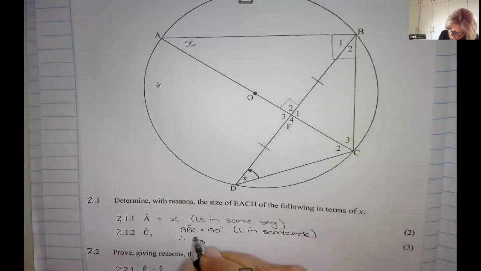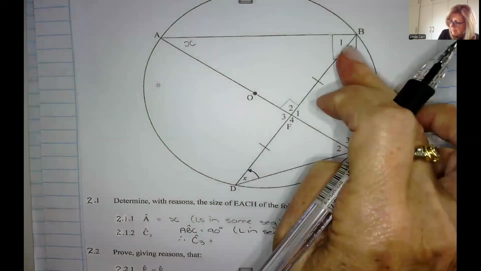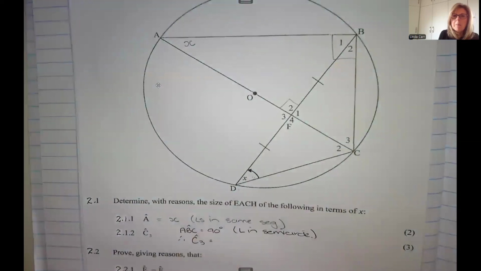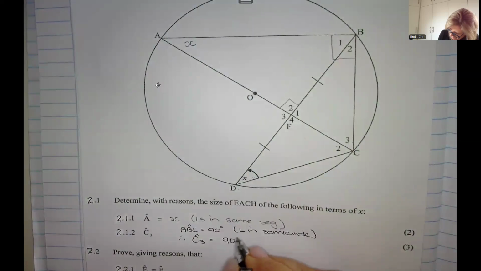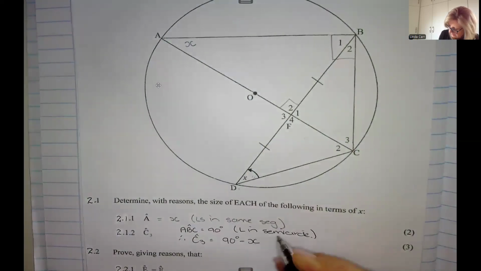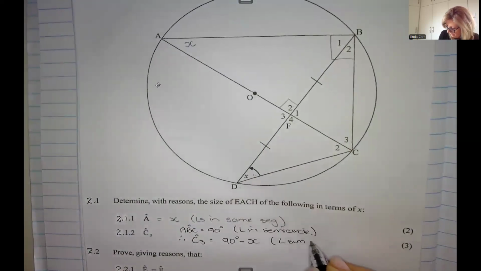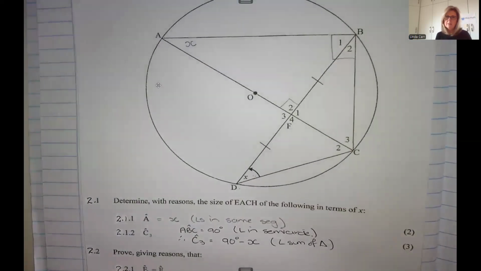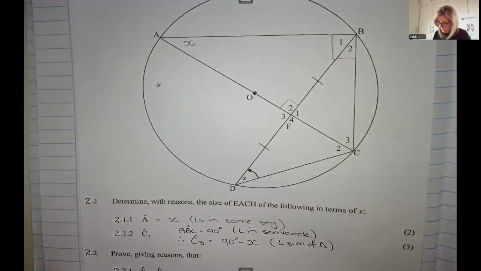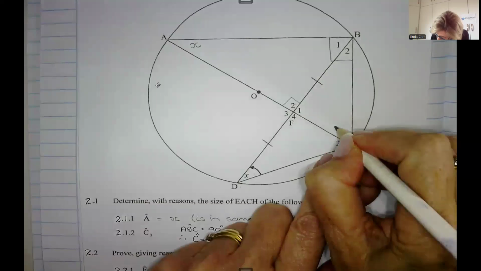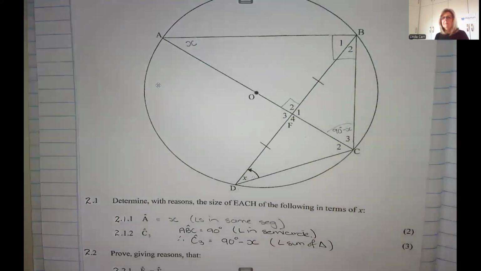Therefore, C3 is going to be 180 minus 90 minus X. So that's going to be 90 minus X, and that would be angle sum of triangle or something similar. Okay, right. So now I should fill in that 90 minus X, because maybe it's going to help me again.